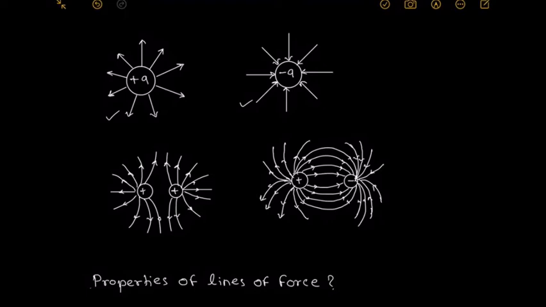Those lines are directed away from the two charges, which means they are repelling each other. And in the last case, if we consider the electric field lines around the configuration of two equal and opposite charges, this is just like a dipole. It shows the mutual attraction between the charges.